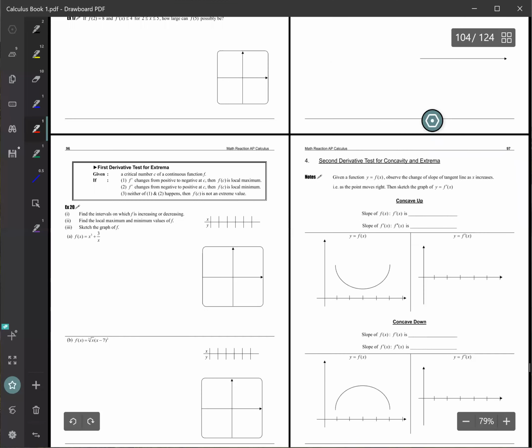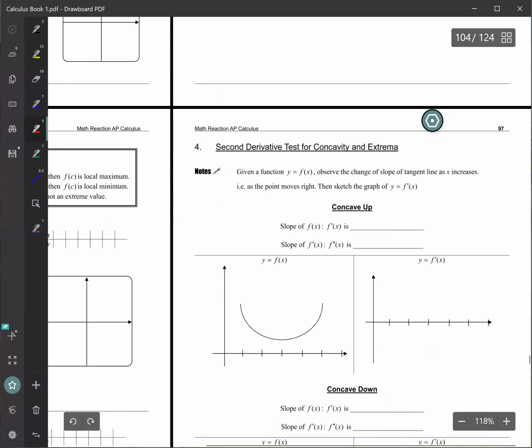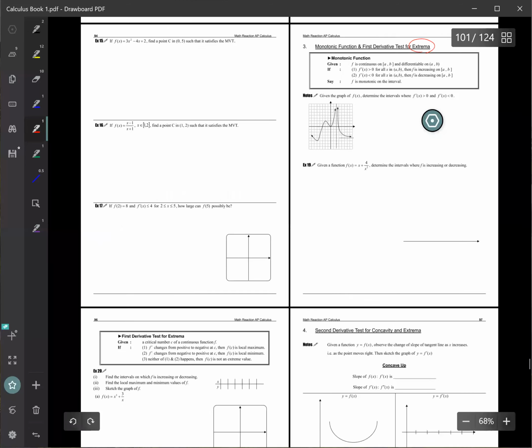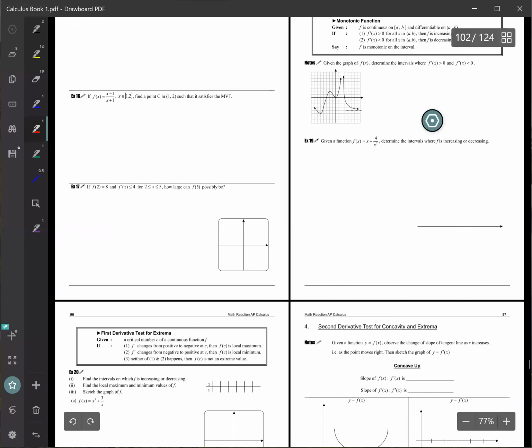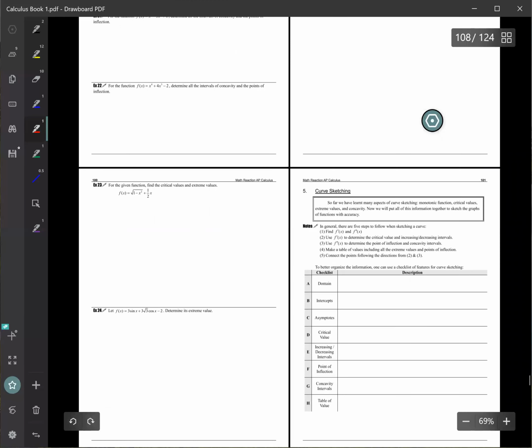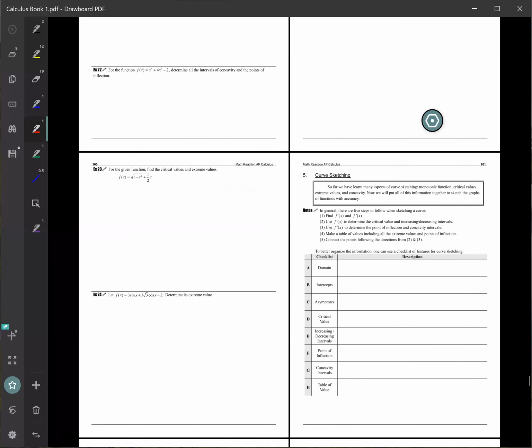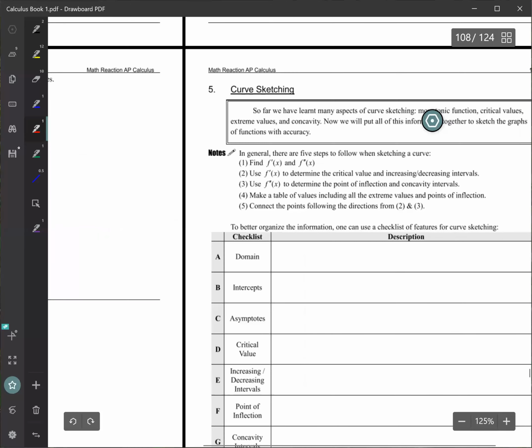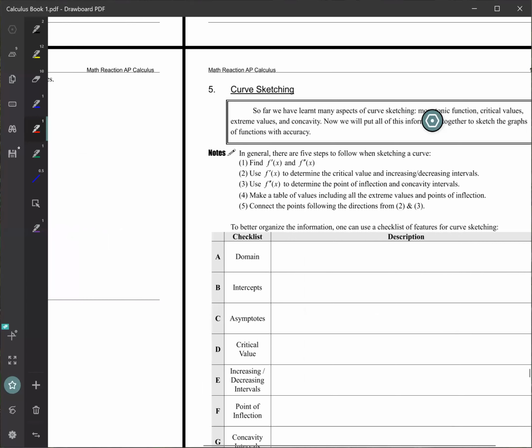And then number 4, we have second derivative test for concavity. So you have the first test and also second test. And then after we learn all the 4 things, we combine all together to make a curve sketch. Combining all the information that we have, we can graph a pretty well detailed function without using any calculator.